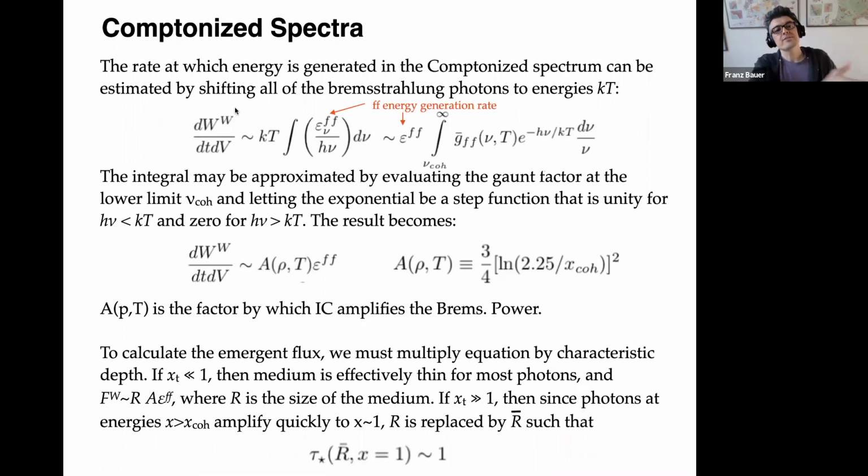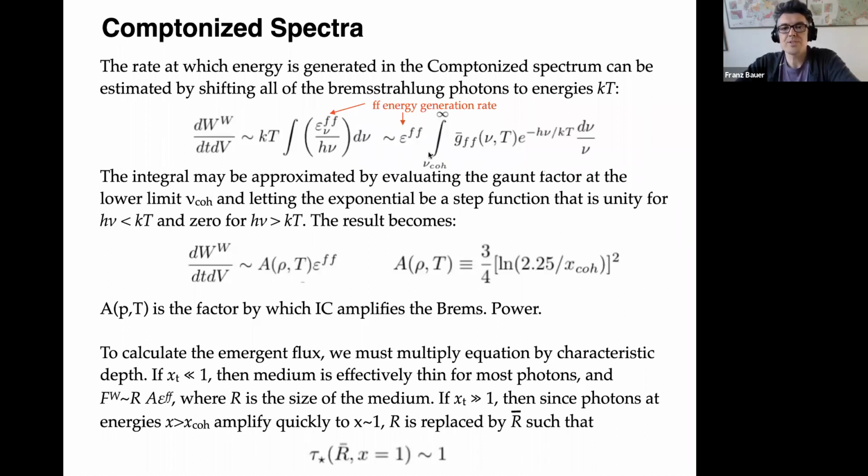As this is occurring, you have a rate at which the energy is being generated in the Comptonized spectrum. We can estimate this by shifting all these Bremsstrahlung photons to energies of roughly KT. What this means is that we have some amount of energy in this Wien spectrum as a function of time, as a function of volume, that's going to go as KT, and then this integration of the emissivity divided by the average energy. What we can do is decouple this and move this out.